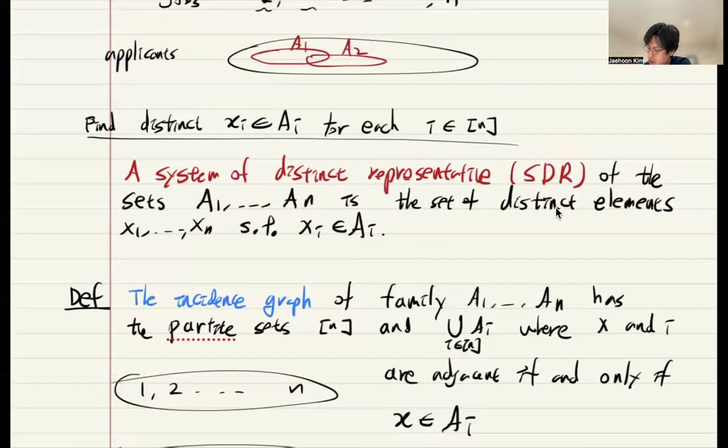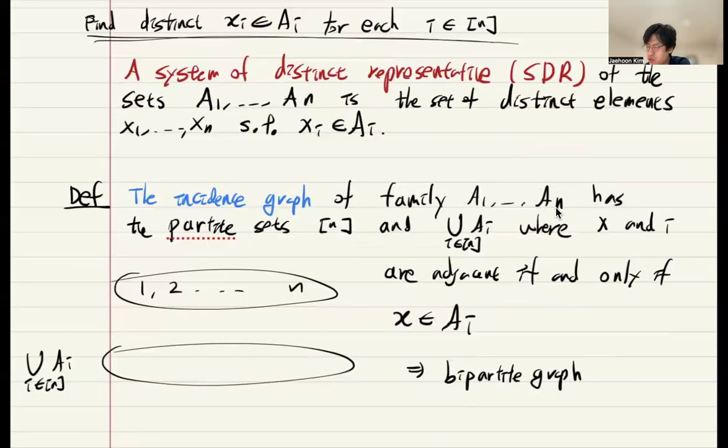And in here, how does this system of distinct representatives look like? This one is matched with x1, and this one is matched with x2, and 3 is matched with x3, and n is matched with xn. So we get this. Okay, maybe not every job is filled. So it could be that 3 is not actually matched to anyone.